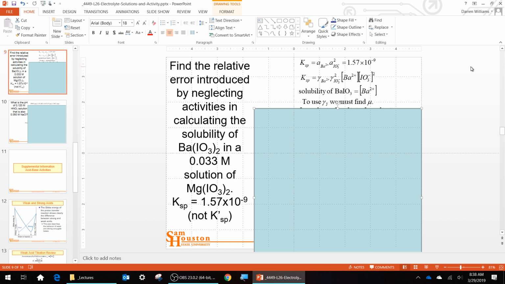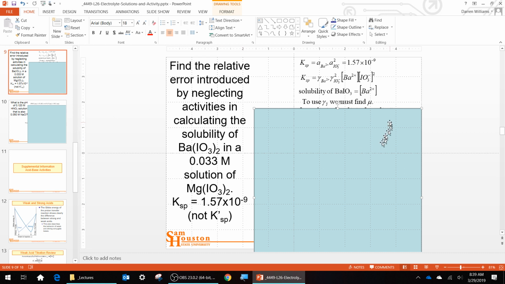So we've got 2 activity coefficients that we don't know, and we've got an iodate concentration that we don't know. But in the problem here, we've got this magnesium iodate, which is soluble. So that's going to give us the concentration of iodate. Okay, so there we get the concentration of iodate from the magnesium iodate, and then we've got the activity coefficients from the table or from the Debye-Huckel equation.